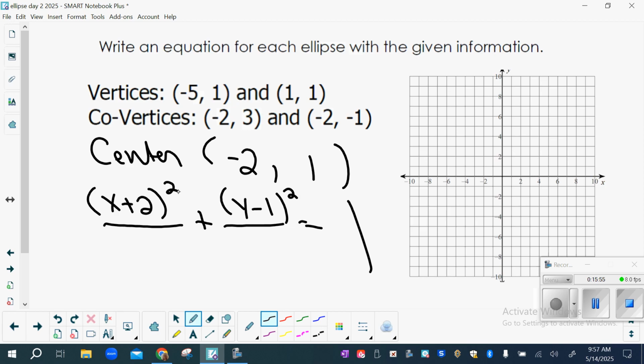I'm going to come over here, -2, 1. Everybody's cool with that. Now, I could graph all of this, but I'm lazy. So let's just graph one of these points. I don't care which one we graph. Let's graph 1, 1.